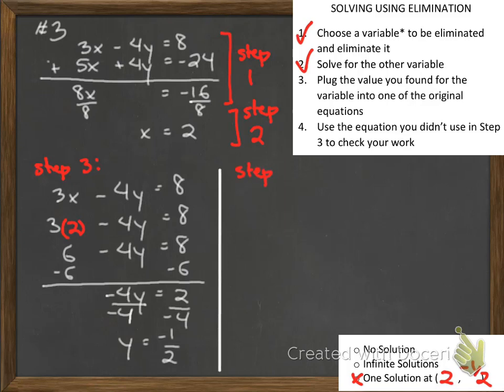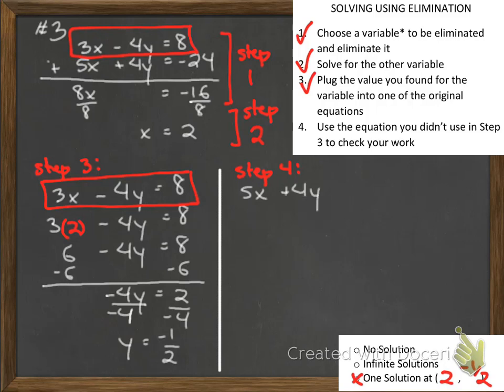So let's look at step 4. In step 4, we have to use the equation we did not use yet in step 3. In step 3, we used 3x minus 4y equals 8, so I can't use that again in step 4. I have to use the other equation, which is 5x plus 4y equals negative 24.